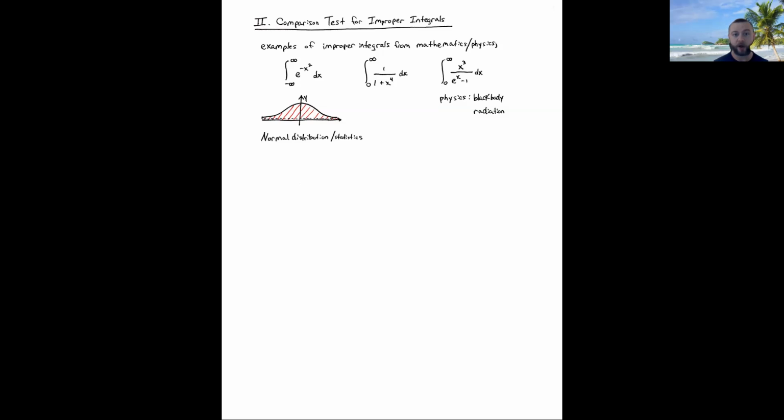Now, if you take a look at all 3 of those functions you're integrating, all of these are exceptionally difficult, if not impossible, to find antiderivatives for. The first one, e to the negative x squared, that function has no antiderivative. So no matter how hard you try, there's no antiderivative that exists for that function e to the negative x squared.